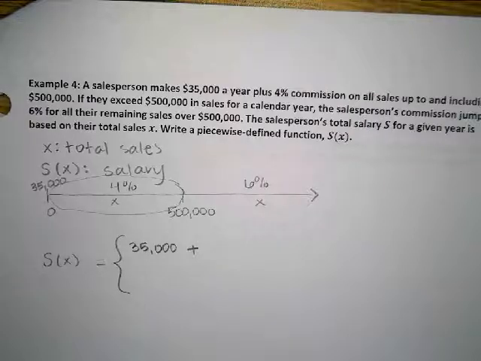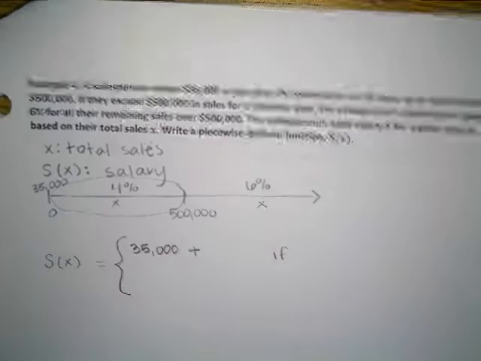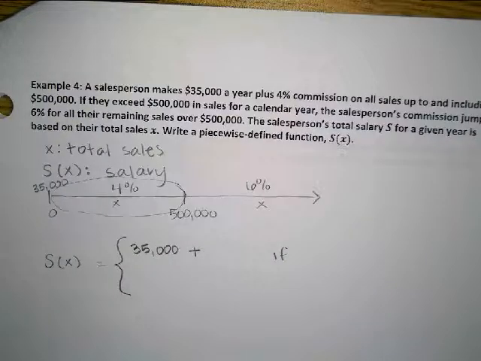And then we know we're going to have an if something. Make sure when you write your equation that your 4% looks like a 4%, not a 40%. Make sure your decimal's in the right place.